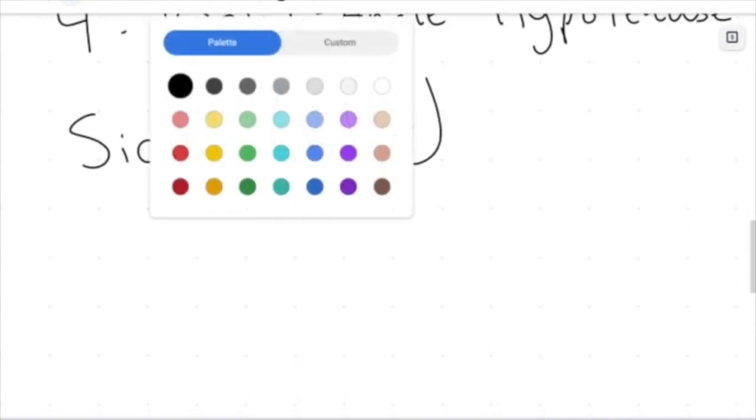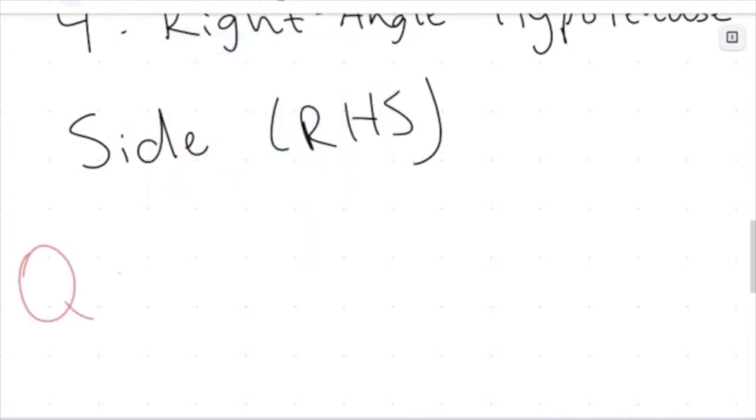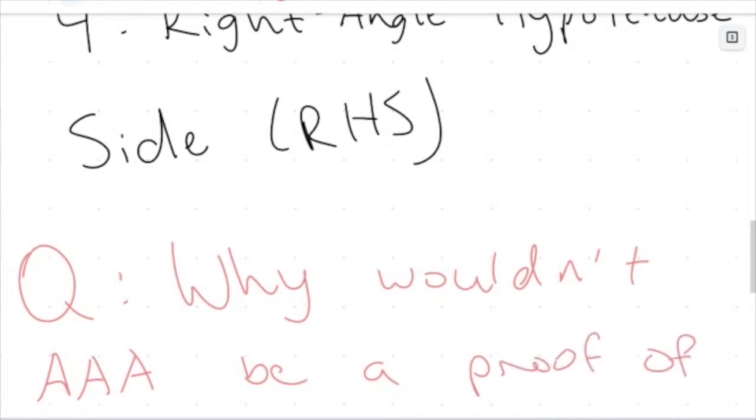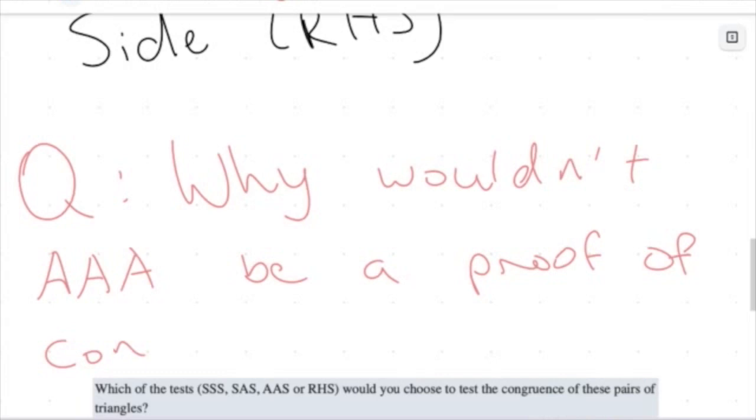Let me just ask you one question. This is just for you to think about at home. Something for you to ponder about in your spare time, if you want, before we go into our next topic in this series. Why wouldn't angle, angle, angle be a proof of congruence?